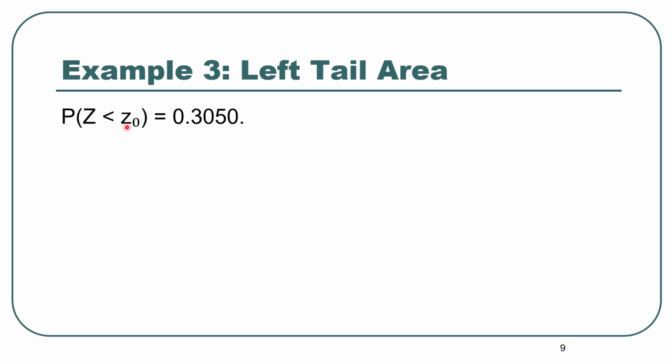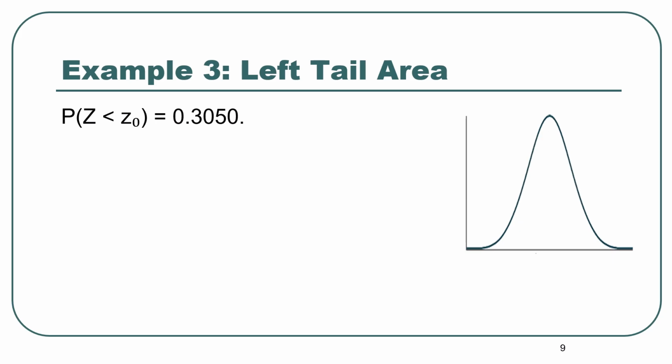So let's find z-naught such that the probability of z less than this z-naught is equal to this value. The first step is to put it on the graph, so let's graph it together.